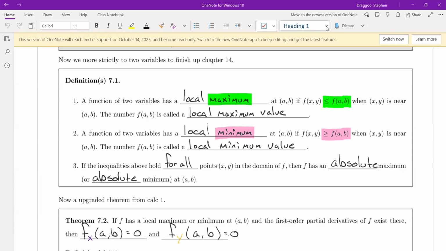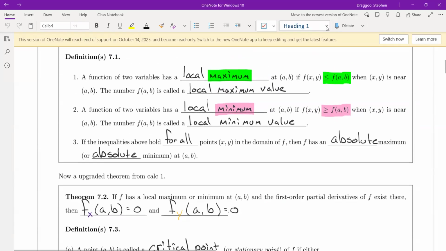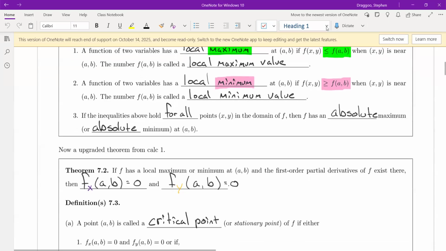We just have to check in more than one direction now, which sometimes gets a bit complicated. We won't worry too much about the absolute maximums and minimums today. That'll be Monday's lesson. But it's a very similar definition: if it's the largest point in total, it's an absolute maximum, or, conversely, an absolute minimum if it's the smallest point in total.